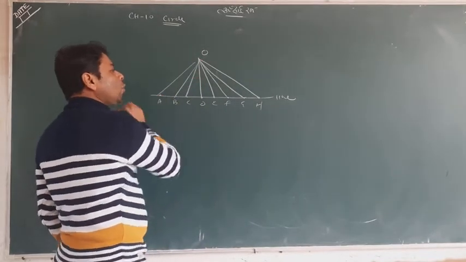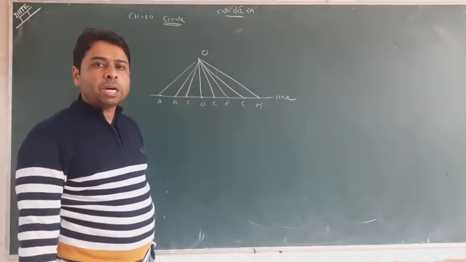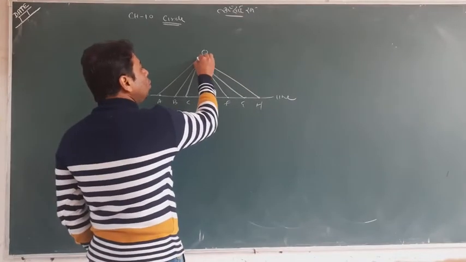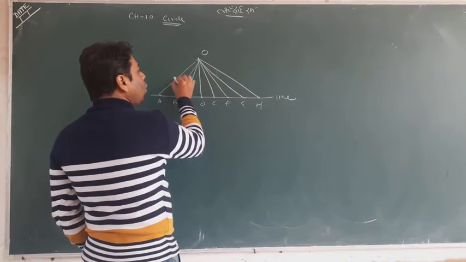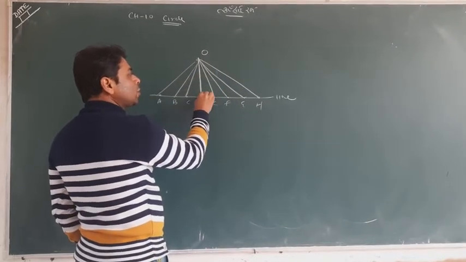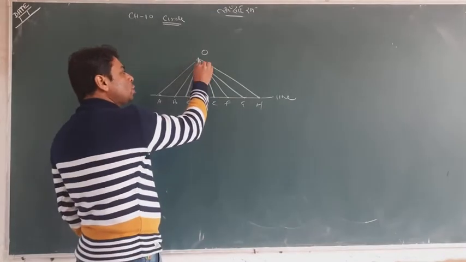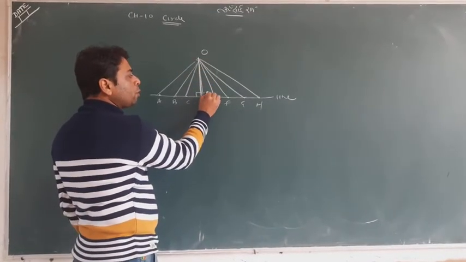If I have joined all, what do you think about the shortest distance? From O, among all the distances, this distance is the shortest one, and the shortest one is always perpendicular to the line.